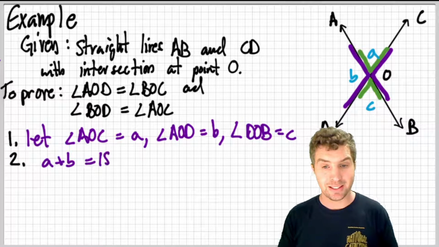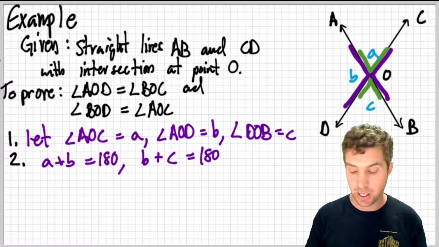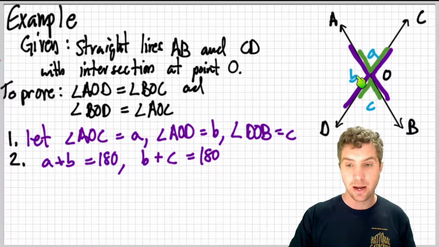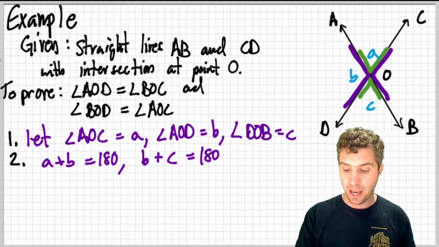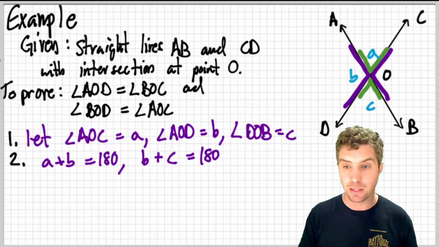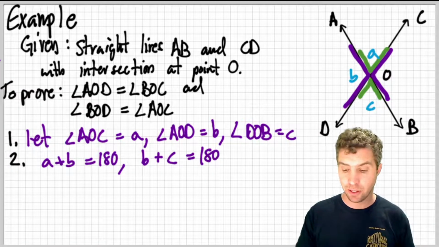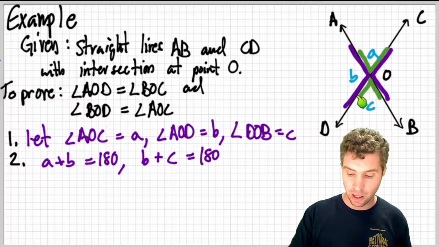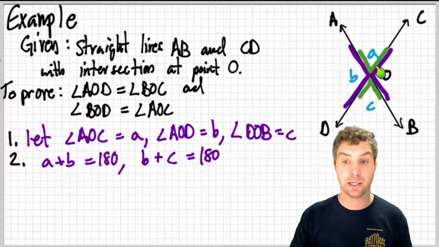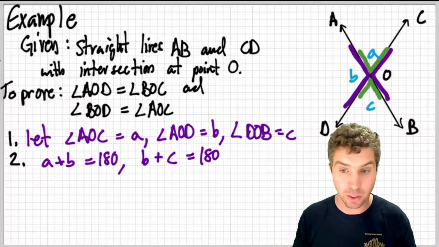Now, I can write a statement here that says A plus B, so this angle plus that angle, equals 180, and B plus C equals 180. And that might seem fairly obvious, that we have a straight line and an angle coming out of two angles that make a straight line that makes 180.